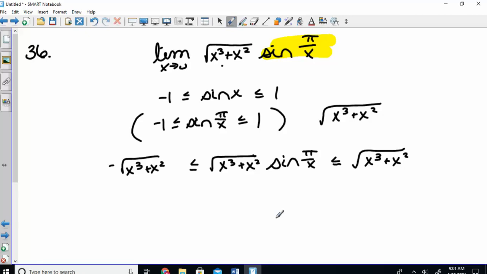Now what do we do? Add our limits to each.